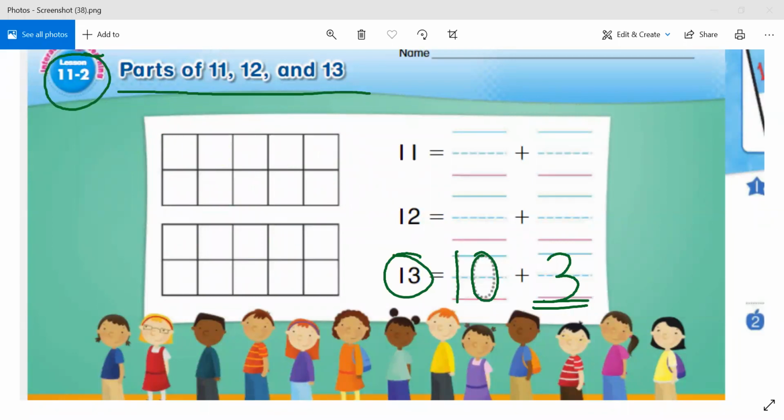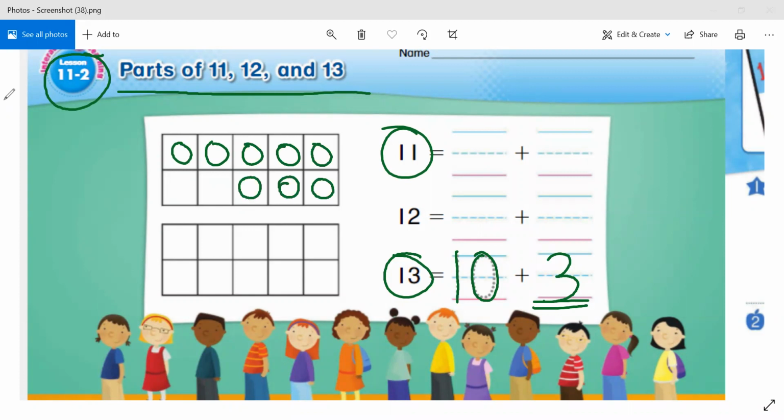All right, let's do another problem. So let's now say that there are 11 children waiting to get on the train. So how can we show how many kids are waiting to get on the train? We'll first fill in our first 10 frame. Since it's 11, it's more than 10. So we know we can just fill this in.